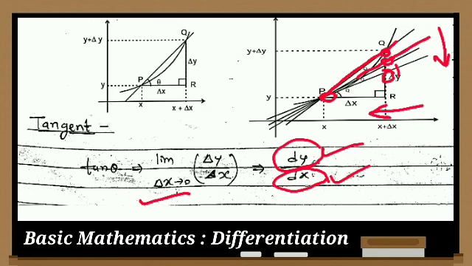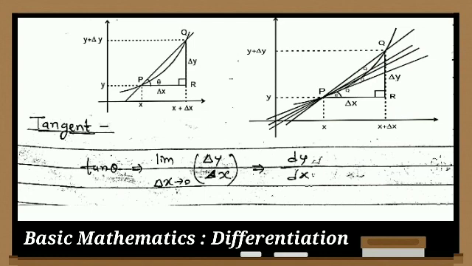We can see here in the graph, as we decrease the value of delta x, the value of delta y is also decreasing, and at some point the straight line touches the curve at this point. Then it is called the tangent.